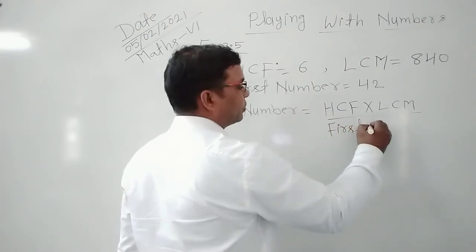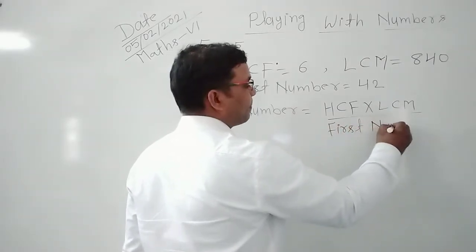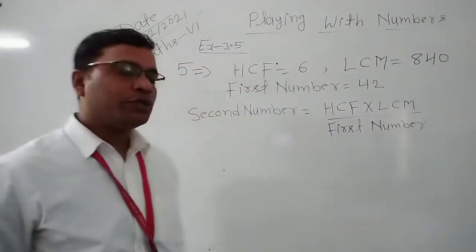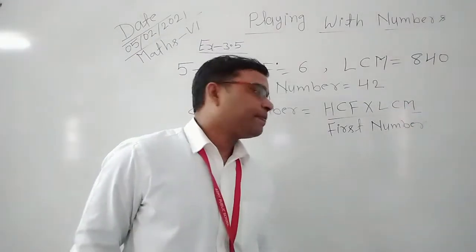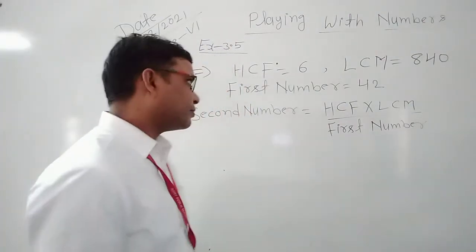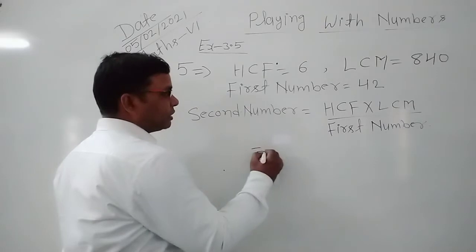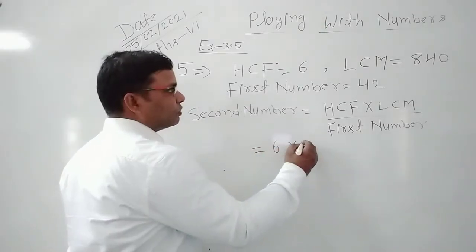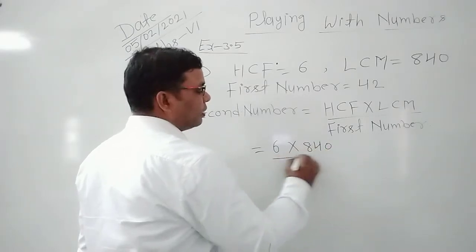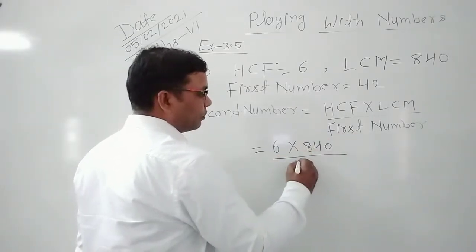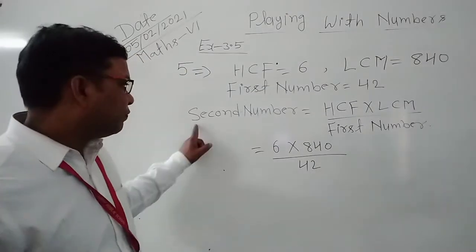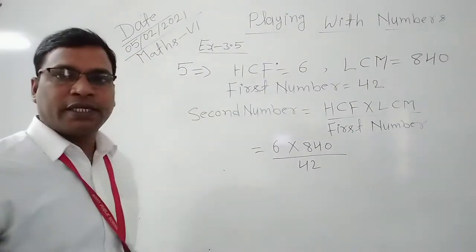This is clear. Here HCF is given as 6, LCM is given 840, and the first number is given 42. Now we need to find the second number, or the other number.